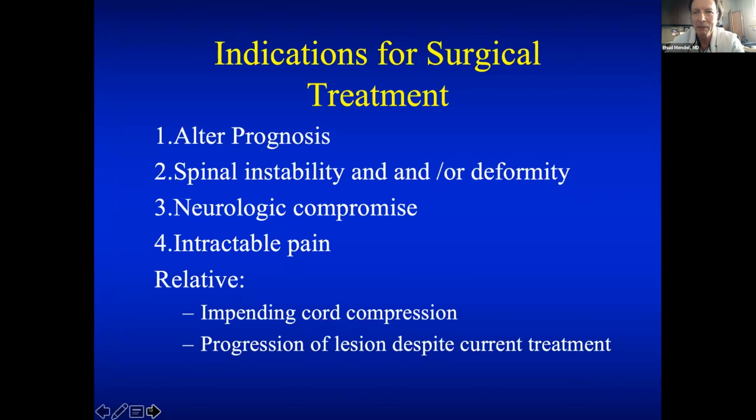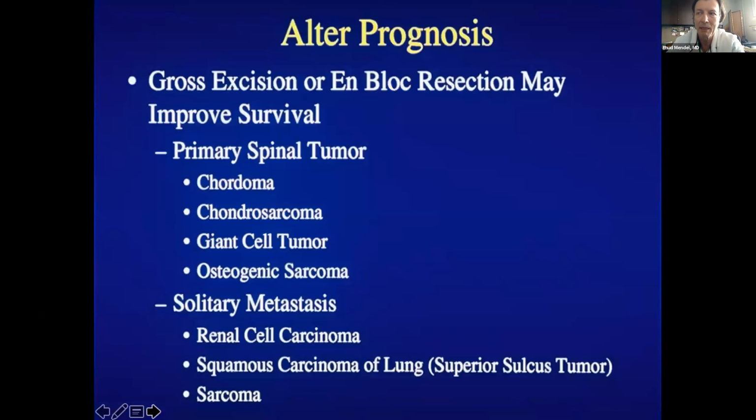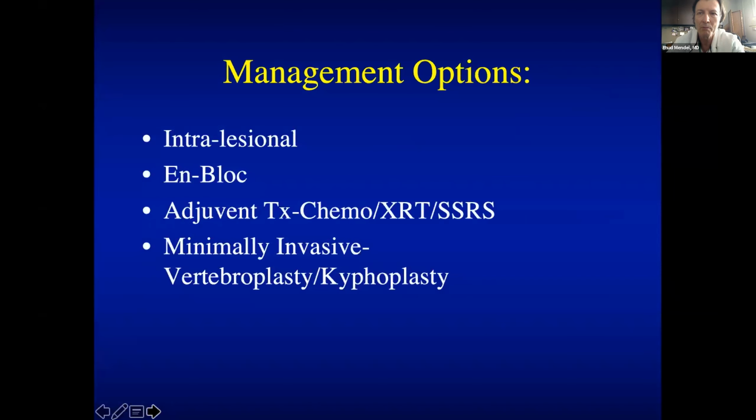I'm going to talk a little bit about stabilization. I'm not going to talk about it too much. The indication for stabilization, once you get these MRIs with instability, is again, whether you want to change the prognosis, whether you want to fix the instability, whether you want to fix the neurological compromise, or whether the patient has a significant amount of mechanical back pain symptomatology. We talked a little bit about en bloc resection for primary bone tumors.